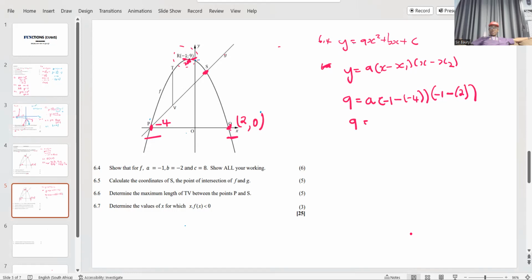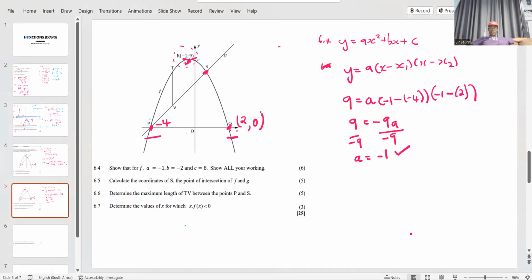So I have 9 being equal to a times 3 times -3, which gives me -9a. So divided by -9, divided by -9, the value of a is equal to -1, right? So I found the value of a.